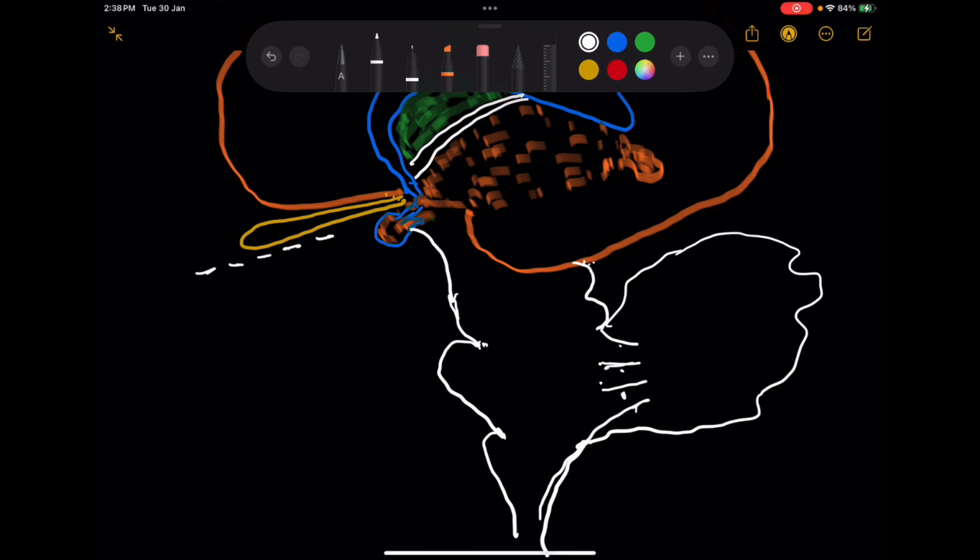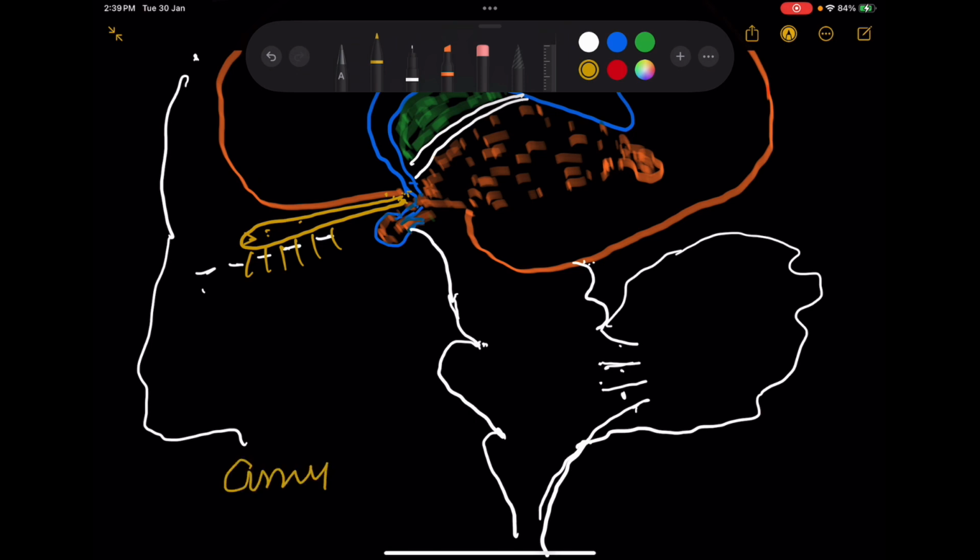And from the cribriform plate, here is the forehead, here is the nose, and there are 10 to 20 olfactory nerves, or the first nerve, into the nose, which relay here, the first relay is here, and then they go and end into the part of the caudate nucleus called the amygdaloid body.